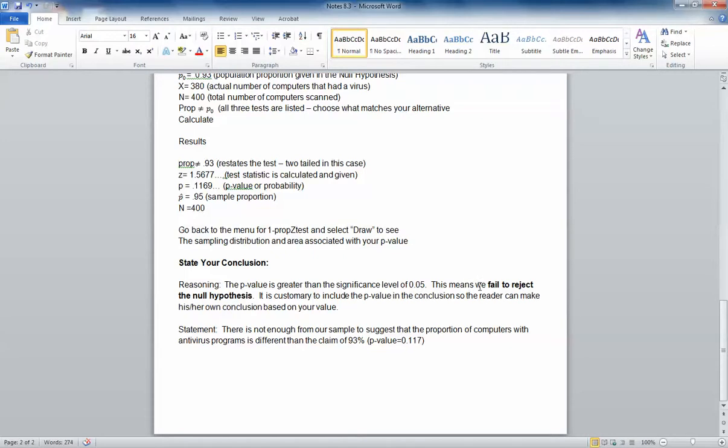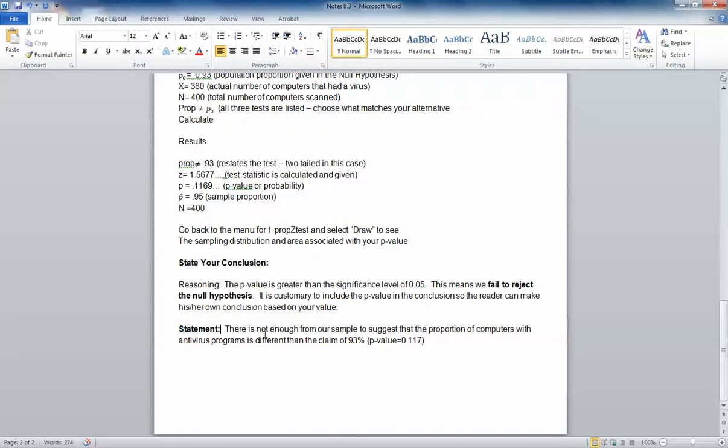This means we failed to reject the null hypothesis. That means our sample wasn't so unusual that it was outside of what we think could happen. It's customary to include the p-value in the conclusion when we're using p-values so the reader can make their own conclusion. So this is our conclusion in just regular language.